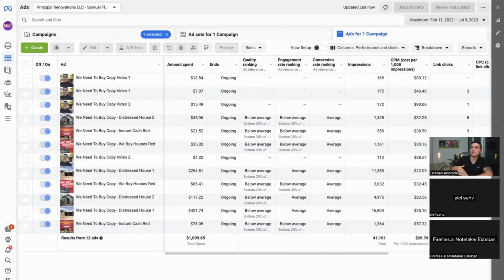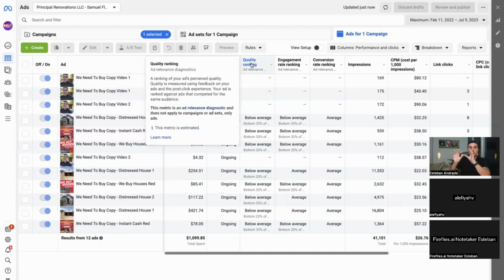Quality ranking is like your boss's opinion on how good your project is compared to other colleagues' projects, or your teacher's opinion of how good your project is compared to other students' projects, and it tells you if your ad is better or worse than similar ads, right? And that is ultimately what this is.